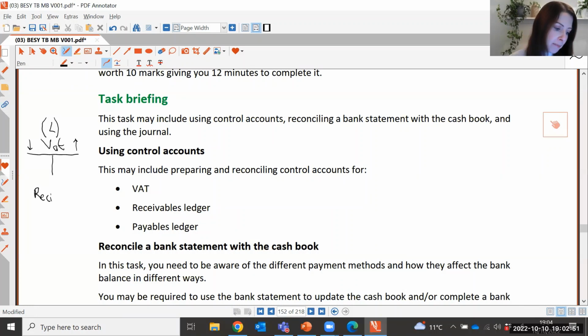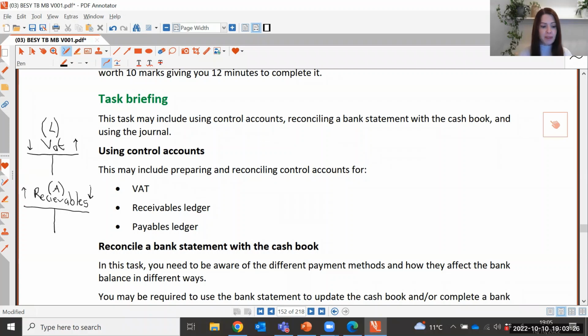And just remember, the receivables control account is an asset because it contains our credit customers that owe us money. So any increase in the asset, or any increase in what our receivables owe us, is entered onto the debit side of the account, and anything that decreases the asset or decreases the amount that's owed to us by our trade receivables is entered onto the credit side of the account.